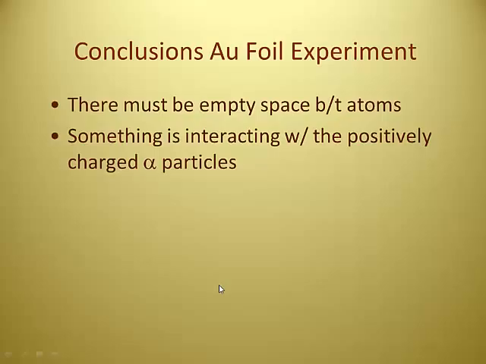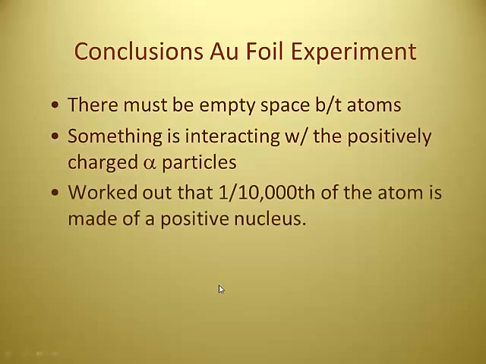They expected all the alpha particles to go through, but what they got was some of them bouncing back at them. So they're supposing that something must be interacting with these positive alpha particles.